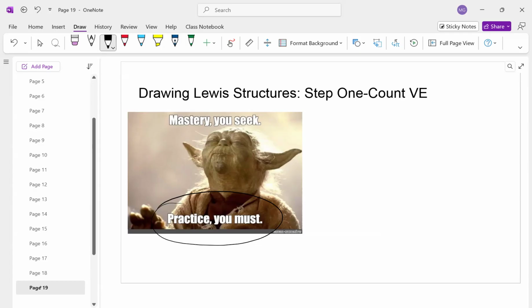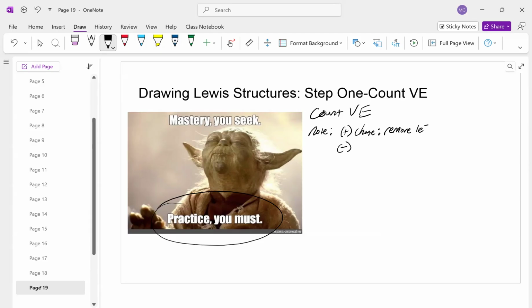So step 1 is count the valence electrons. However many atoms there are, you add up all the valence electrons for all the atoms, just valence electrons. Now, as a side note, if something is charged, so something has a plus charge, you're going to remove 1 electron from the total, because something's positively charged, you have to lose something negative, an electron.